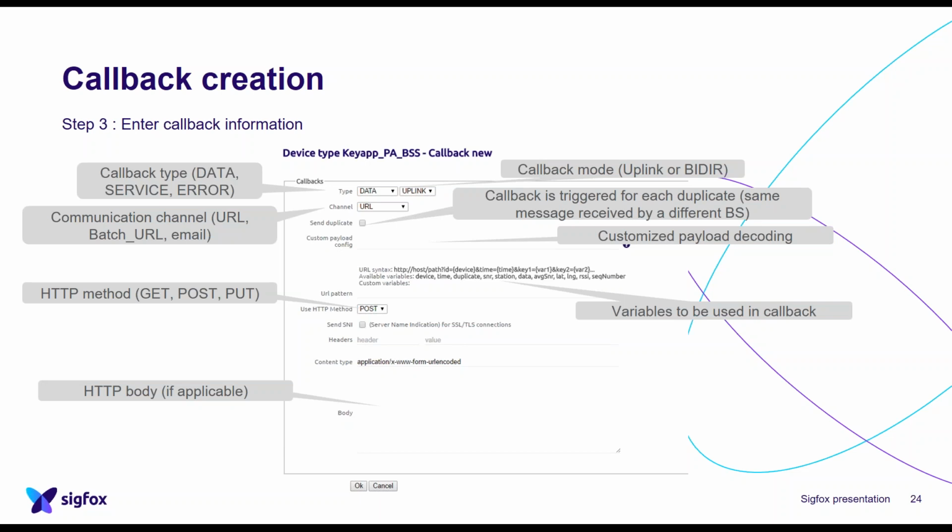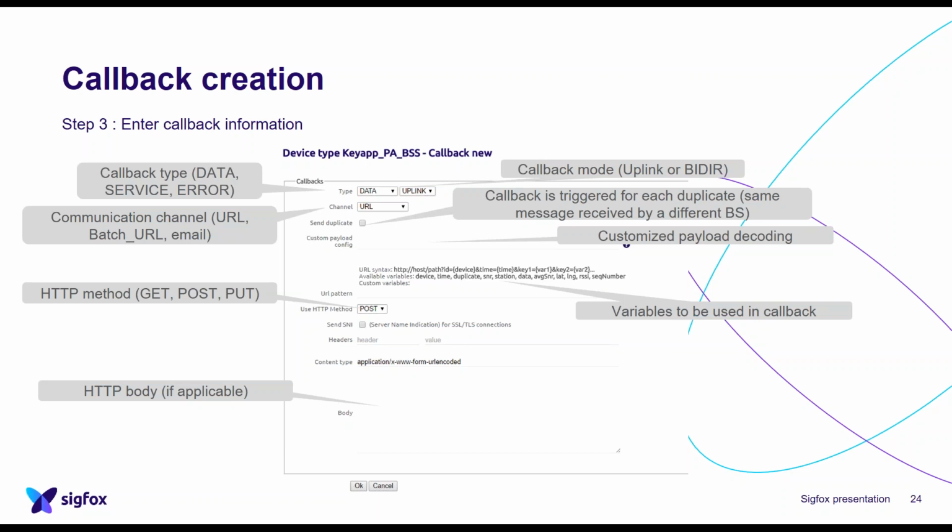In the case of data message callbacks, so messages that have been received by the backend from your object, you will first have to select the callback mode, uplink or bidirectional. Uplink will be raised for any kind of incoming messages, and bidirectional is only for messages that request bidirectional methods, so what is called downlink.